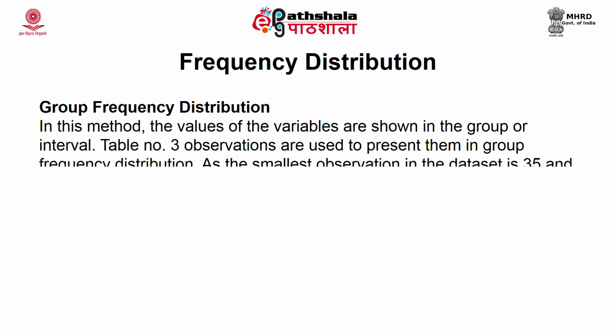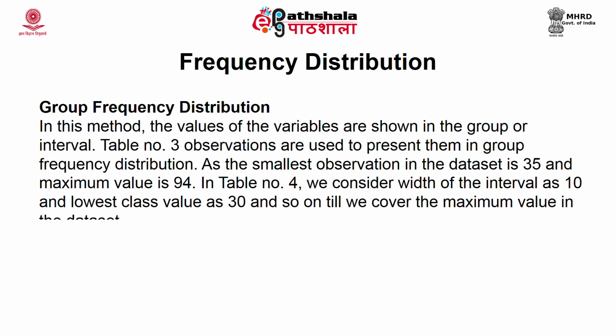Now come to the grouped frequency distribution. In this method, the values of the variable are shown in groups or intervals. In table number 3, observations are used to represent them in grouped frequency distribution, as the smallest observation in the data set is 35 and the maximum value is 94.